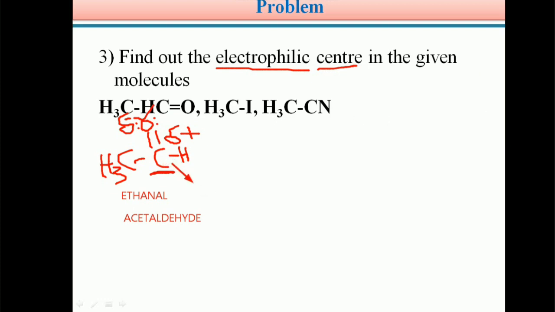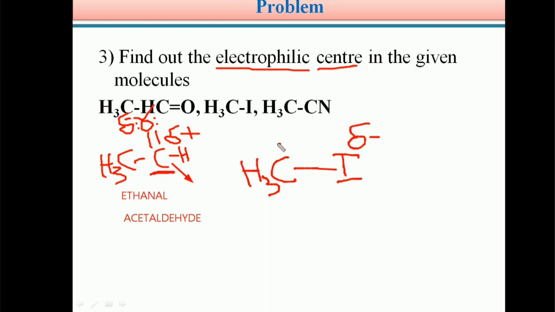Next example is methyl iodide, CH3I. Students, we know very well the name of this compound, CH3I, methyl iodide. This iodine is a halogen. When we compare the electronegativity of carbon and iodine, iodine has a slightly higher electronegativity.